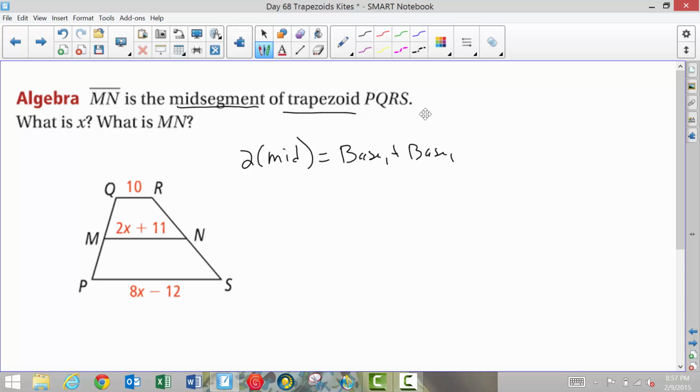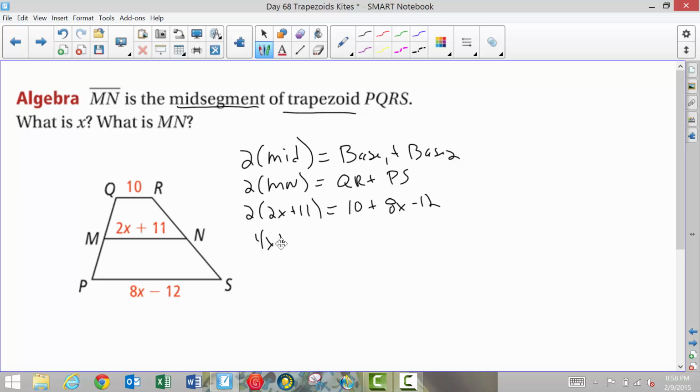It doesn't matter if base 1 is the top or bottom. It's going to be your choice. Base 2. So I have 2 times my mid-segment is MN. Base 1 is QR plus PS. So 2 times 2x plus 11 equals 10 plus 8x minus 12.